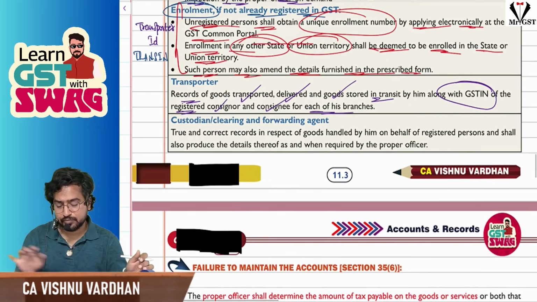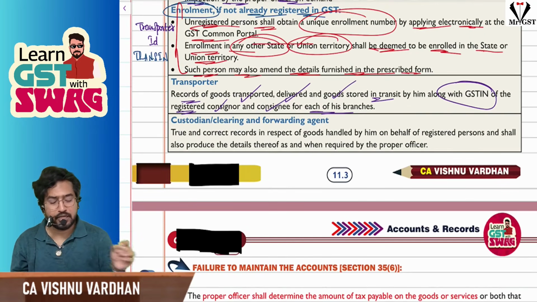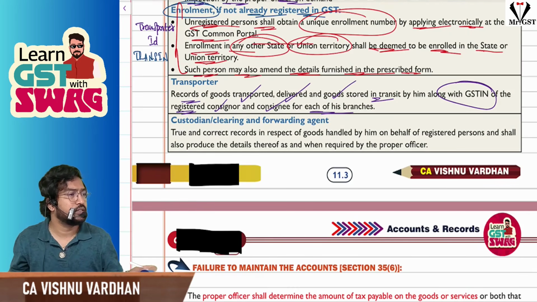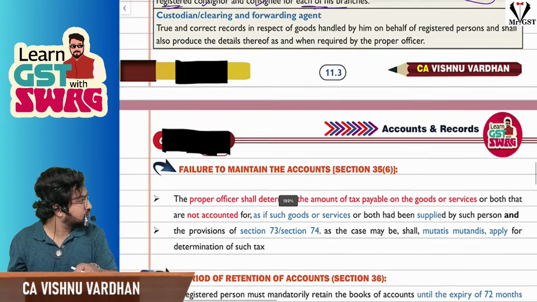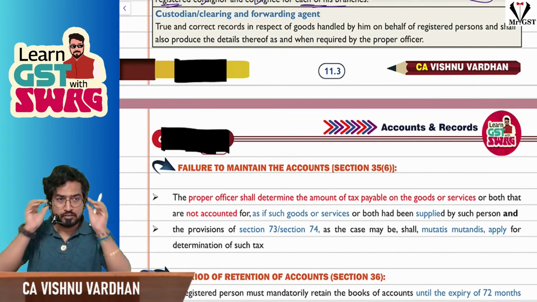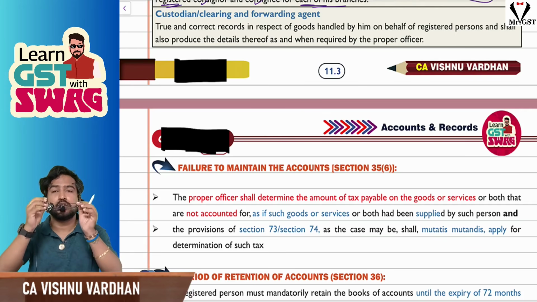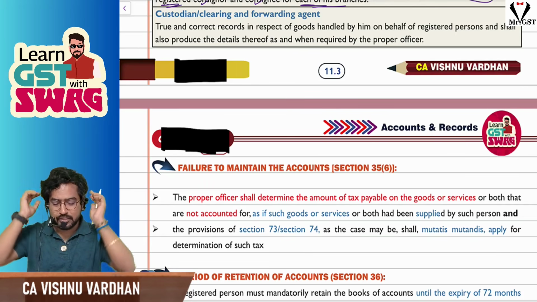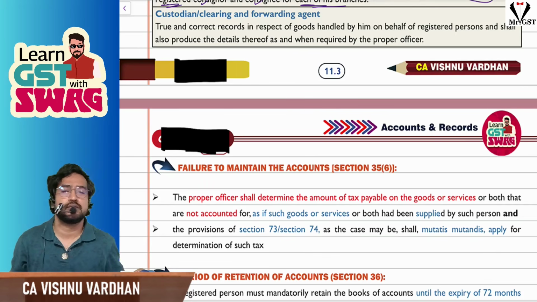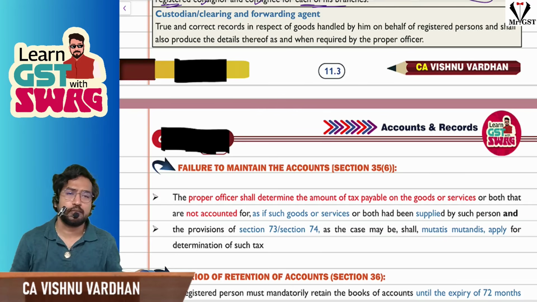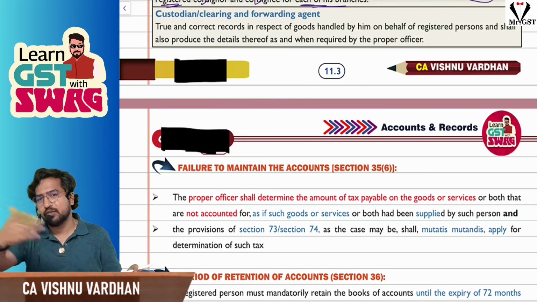The last one. Custodian or clearing and forwarding agent. Who is the custodian or clearing and forwarding agent? Export and import, normally the one who takes care of the legal formalities, filing bill of entry, bill of lading, all these things.